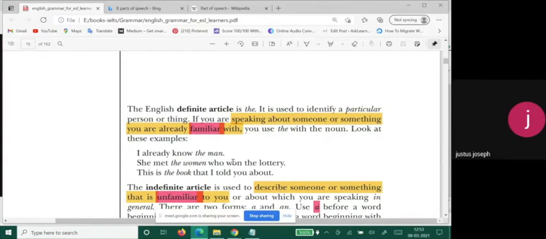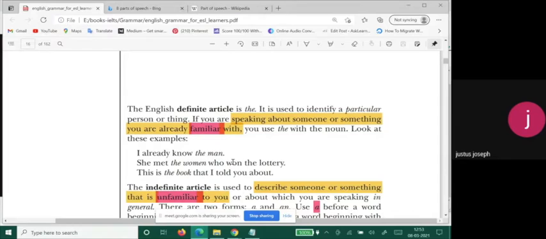So what is it doing? Whenever you are familiar with something, you use the word the. That is why it's called a definite article. Definite means you can define it. If you can define something, that means you would have seen it, touched it, smelled it, had some interaction with it, right?